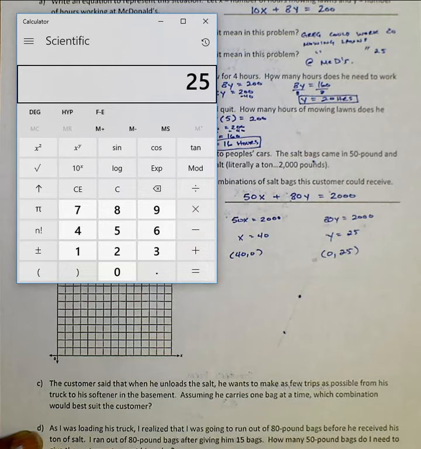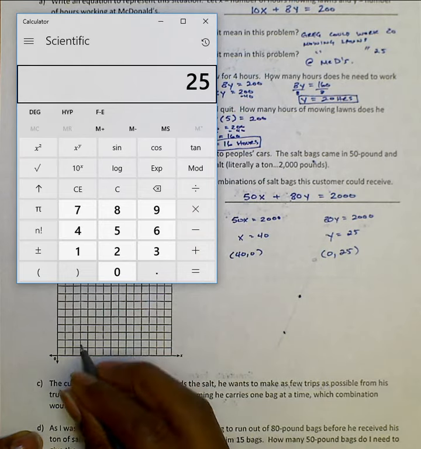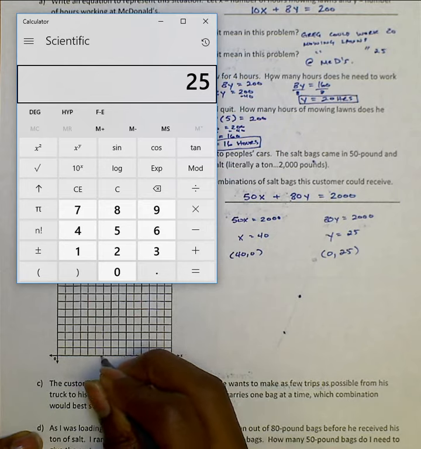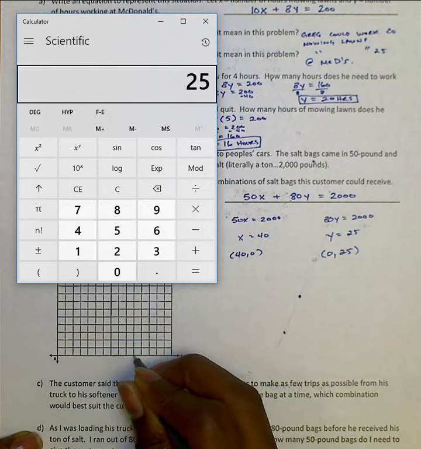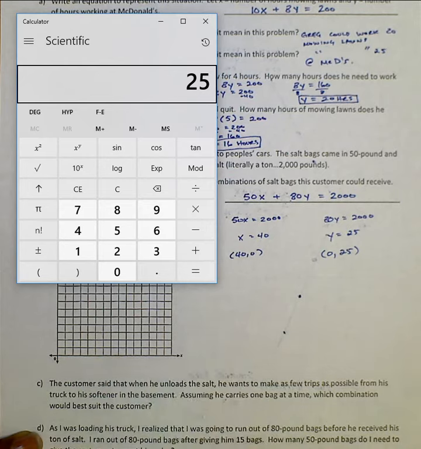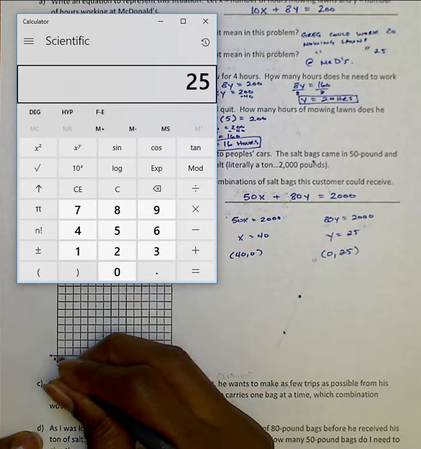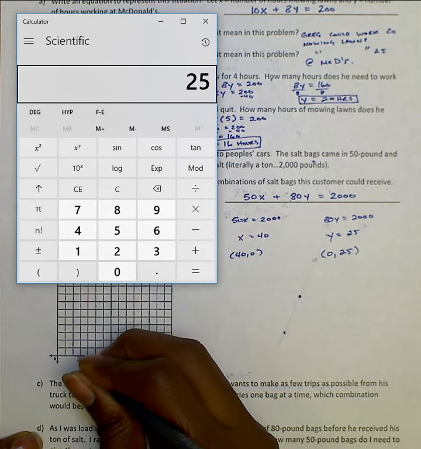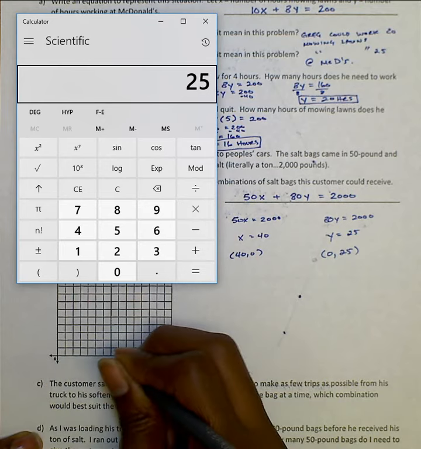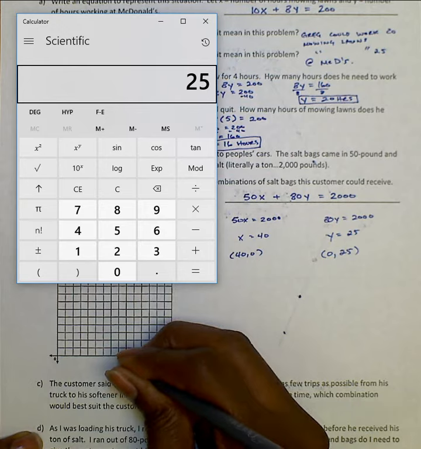Okay. So looking at this, I have 1, 2, 3, 4, 5, 6, 7, 8, 9, 10, 11, 12, 13, 14, 15. I'm just going to say that each of these things is worth 5. Everything's worth 5. 5, 10, 15, 20, 25, 30, 35, 40. So my x will be here at 40.